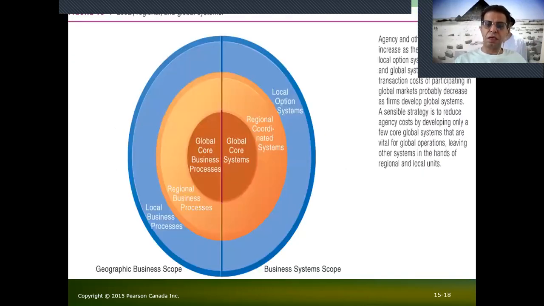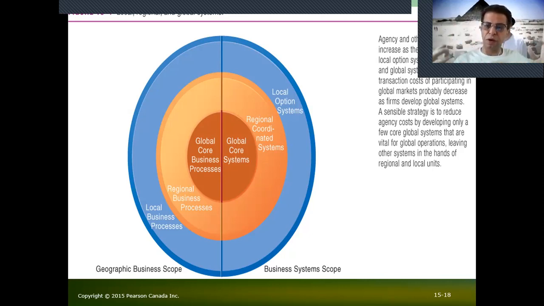So basically, you divide things into three divisions. The global core business processes come with the global core system, and then you have the regional business processes with the regional coordinated systems built in.